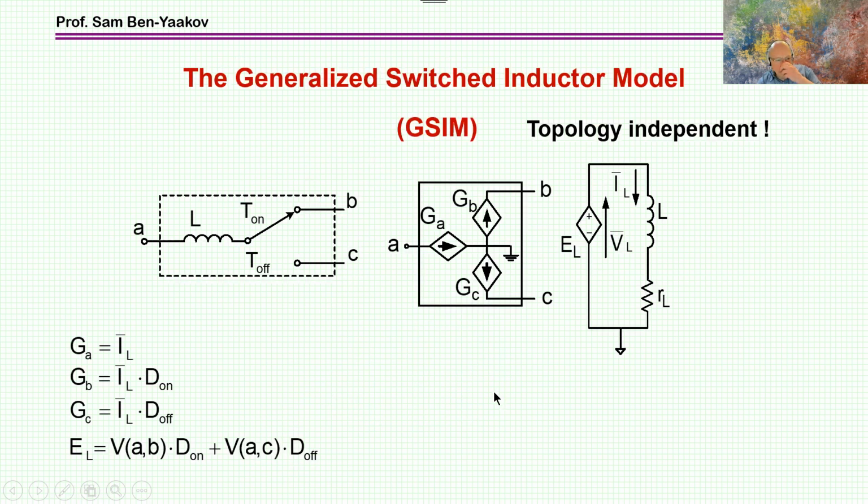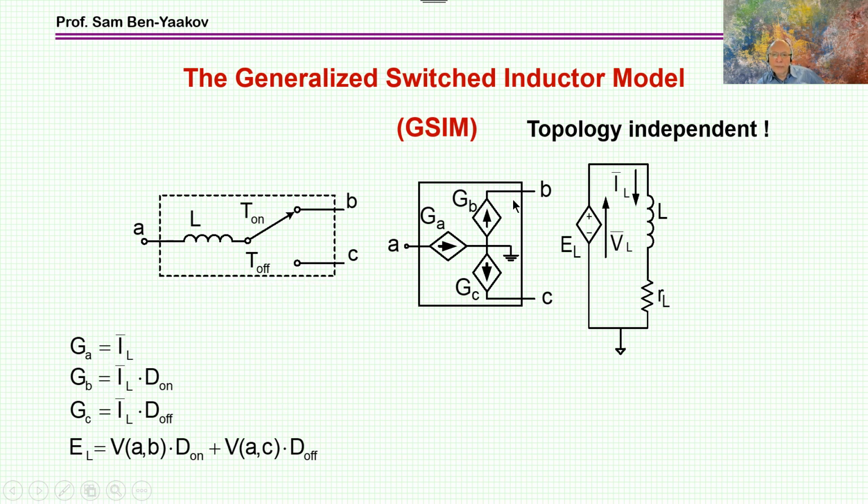So I'm starting now to, first of all, build the average model of the switched inductor itself, okay? So we have seen that we have the basic generic unit. We can express the average current ABC as here, where here are the expressions.